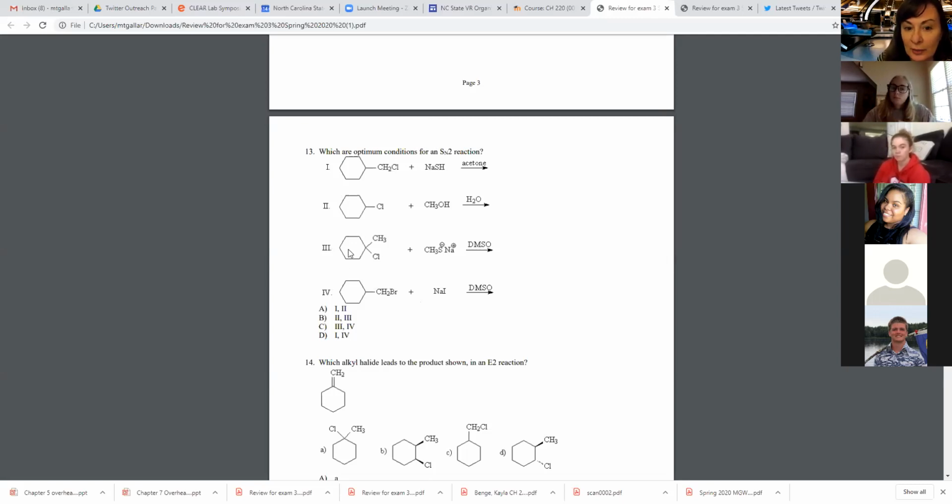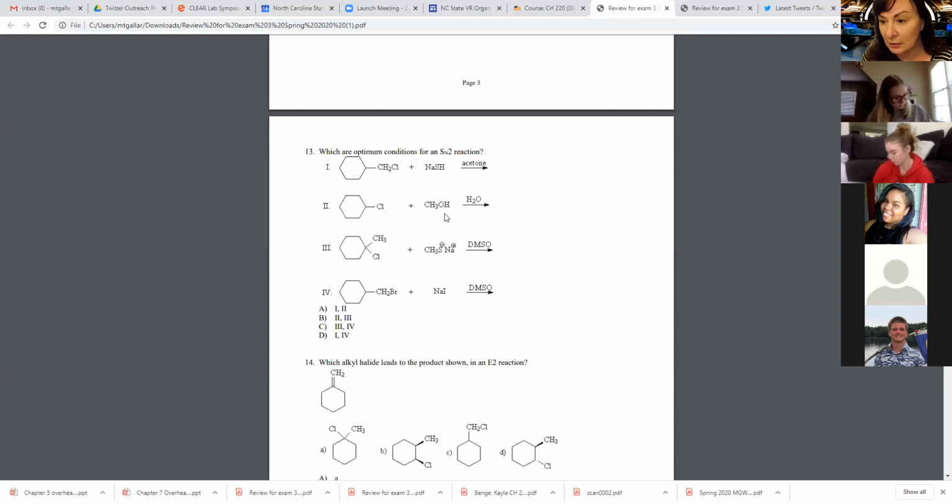Can you see why we discarded number 2 and number 3? What was wrong with number 3? It was a tertiary substrate. And what was wrong with number 2? We had a secondary substrate, which is not the best for SN2, but there was something else going on. Is this a nucleophile that we can use for SN2? No. We said nucleophiles for SN2 always come in the form of salts, right? Sodium chloride, sodium bromide, sodium iodide.